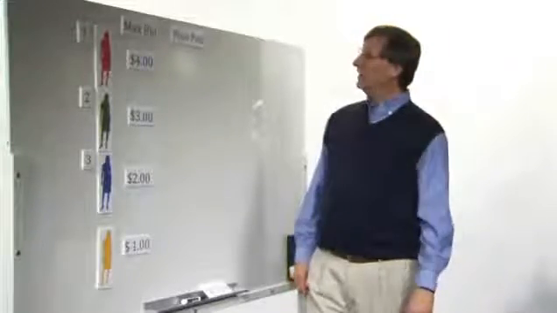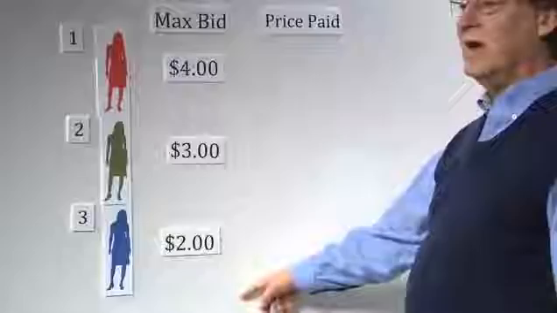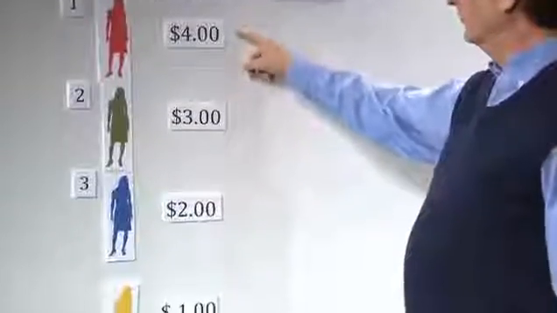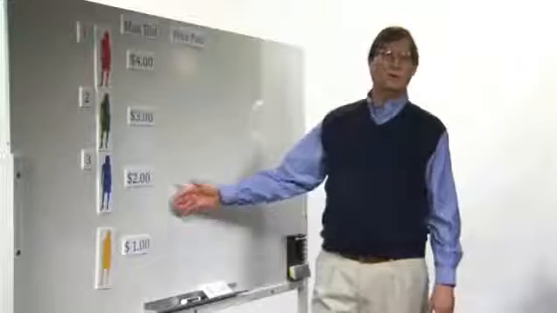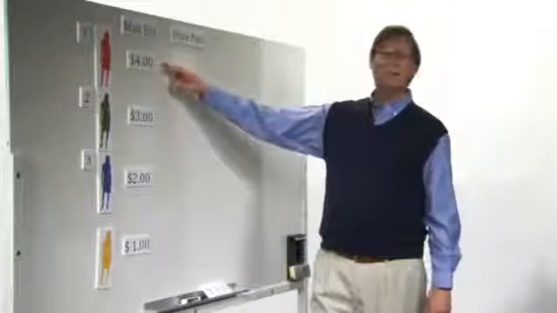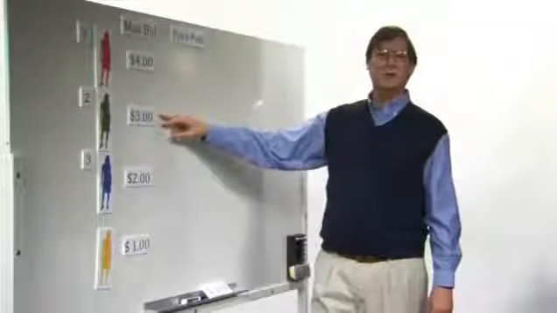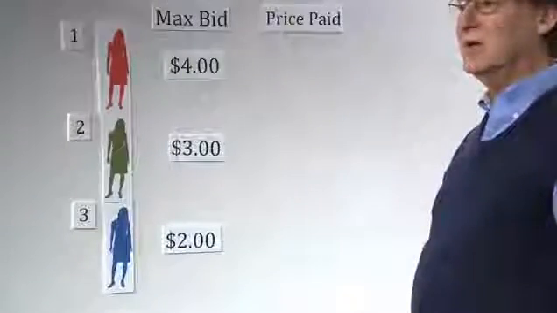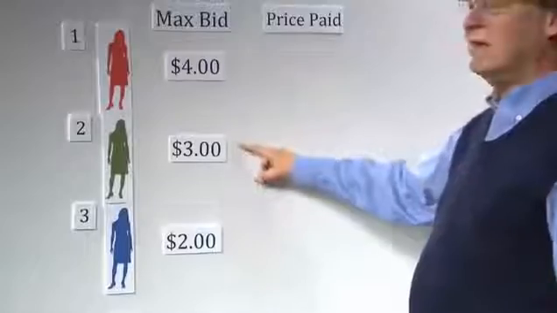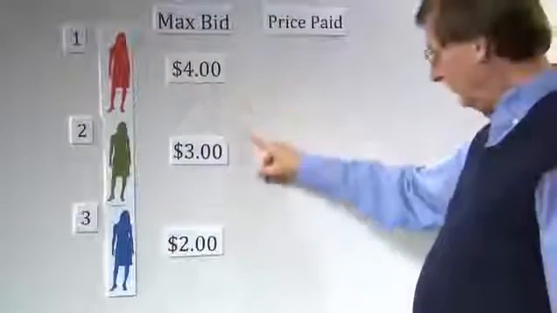In this particular case, we have our four advertisers with different bids: 4, 3, 2, and 1. And the ads are ordered in terms of those bids. Highest bidder gets the first position, second highest bidder the second position, and so on. They don't have to pay their bid when they receive a click. They only have to pay the bid of the advertiser below them.